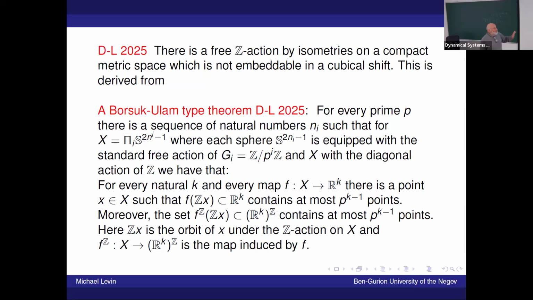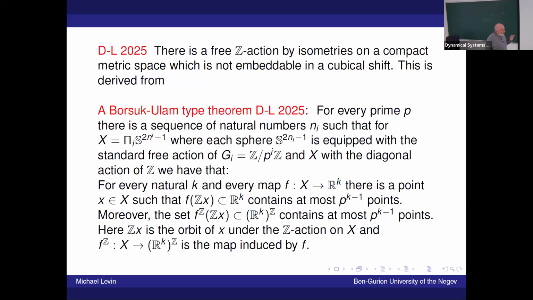The approach of this result is essentially non-constructive. At least I don't see any way to find an estimate on the numbers. But there is such a mysterious sequence of n_i's, having that wonderful property that gives the name of the theorem, a Borsuk-Ulam type theorem.